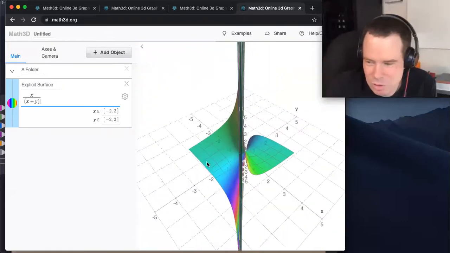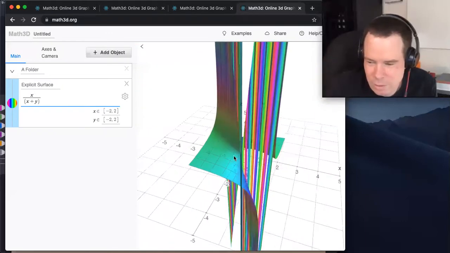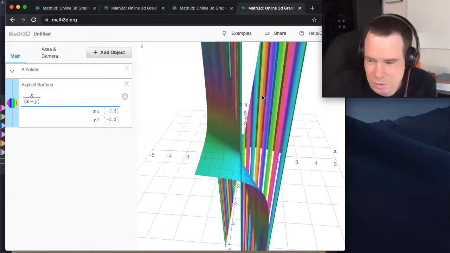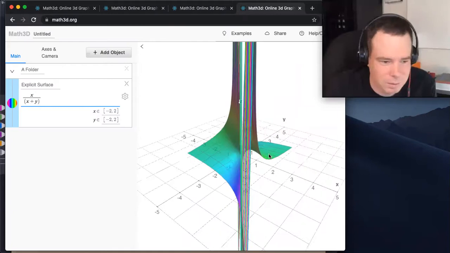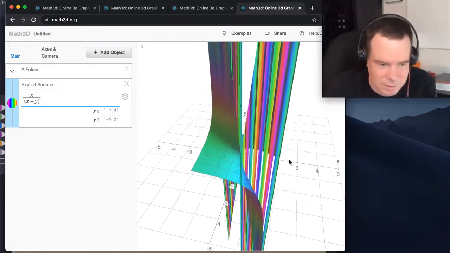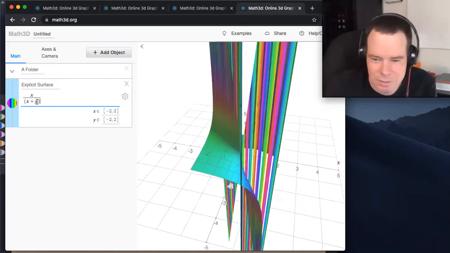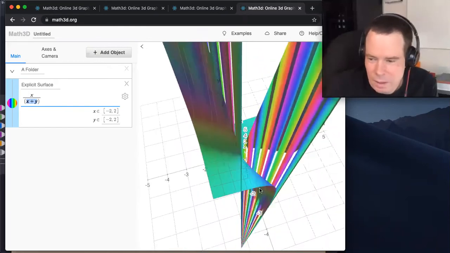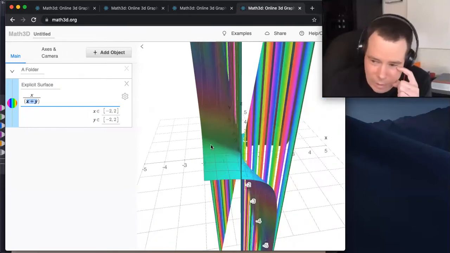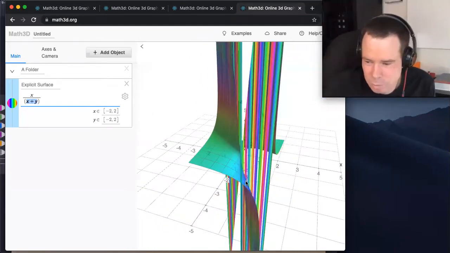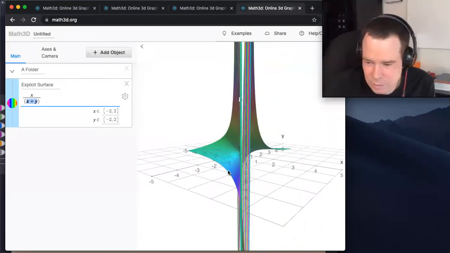What parts of the domain are having these strange, quite intense vertical bars happening there? Anyone in the chat want to tell us? Yeah, the line y equals negative x, because that's where the denominator is 0. And then we see that as we get close to that line y equals negative x, it's either blowing up or blowing down, going off to negative infinity.